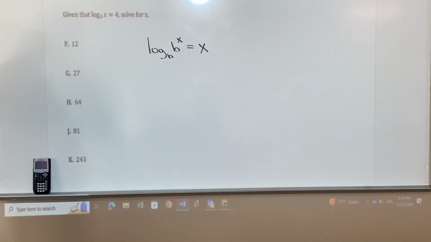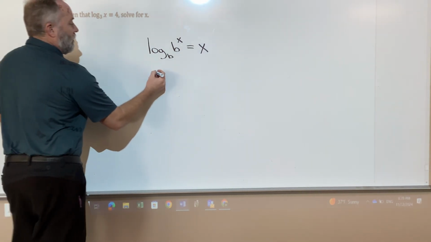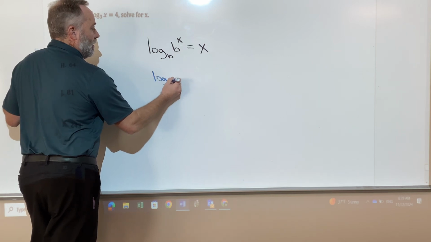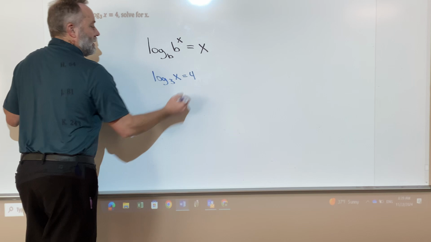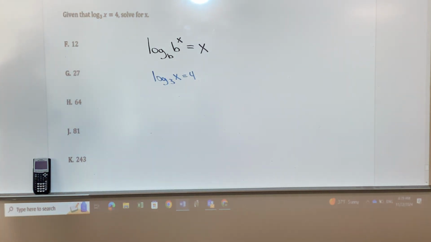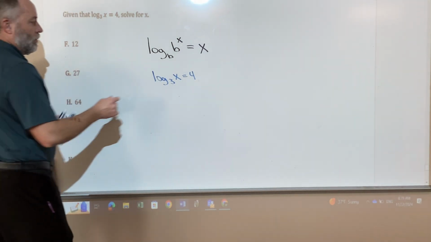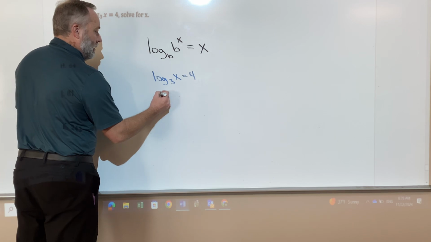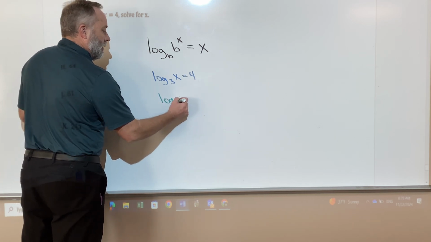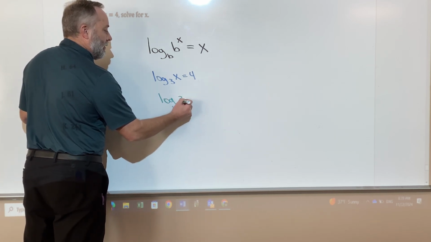x. So in this case, we have log base 3 of a value, and we know that it is equal to 4. So if we want to make the argument have the same base, then it would look like this. So log base 3 of 3.